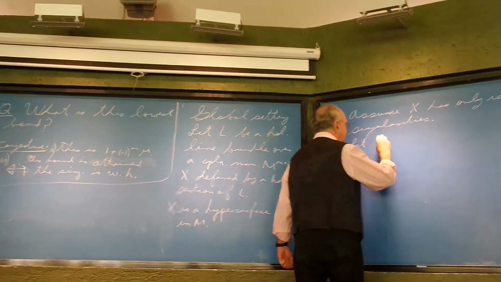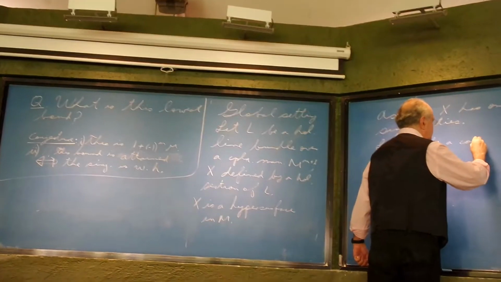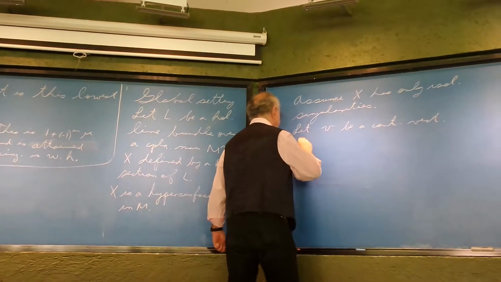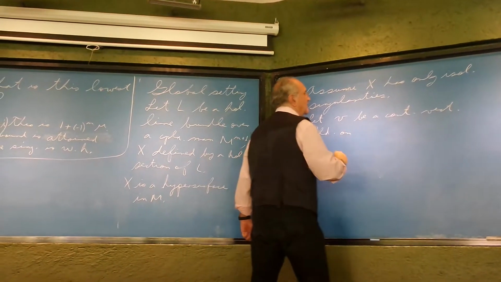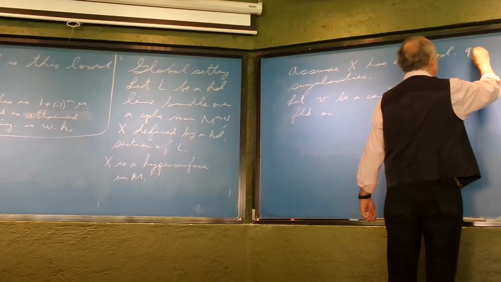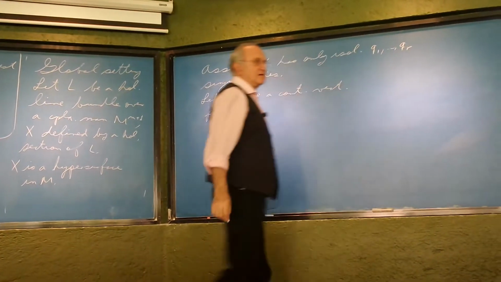Let V be a continuous vector field, something like, let me call them Q1 up to QR, or some R, final number.